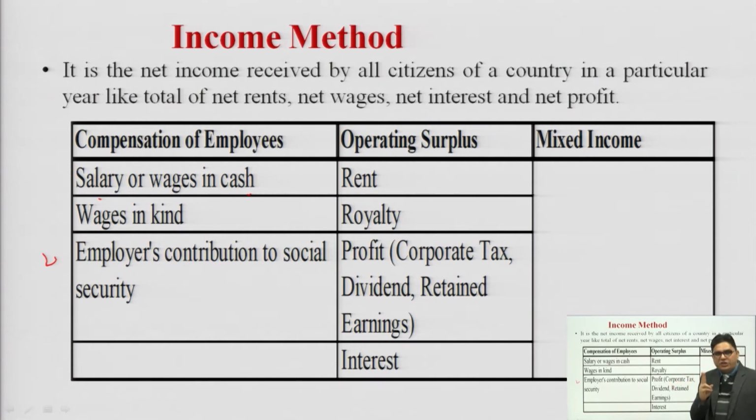Profit has three components. It is corporate tax, the tax paid by the company on the profit earned. Next, it is dividend paid to the shareholders, and next it is retained earnings. The company has earned the profit but has not distributed it; it has retained it for further expansion, to add new branches, to expand businesses or diversify into different verticals.